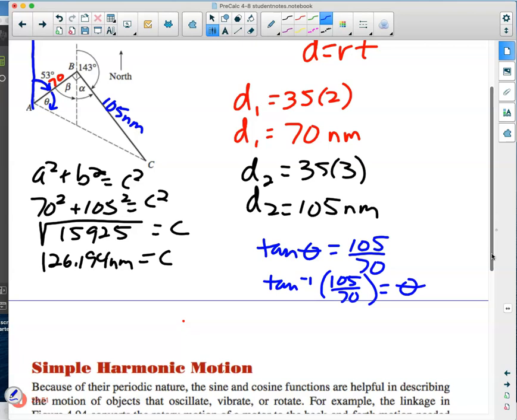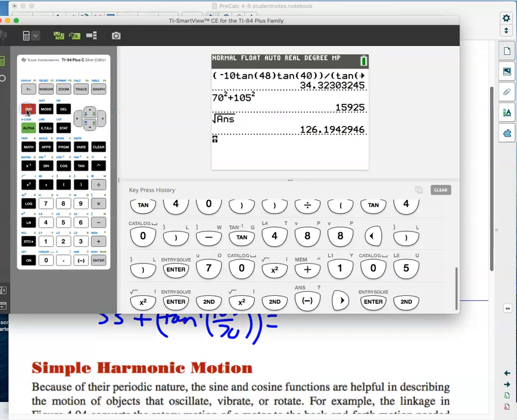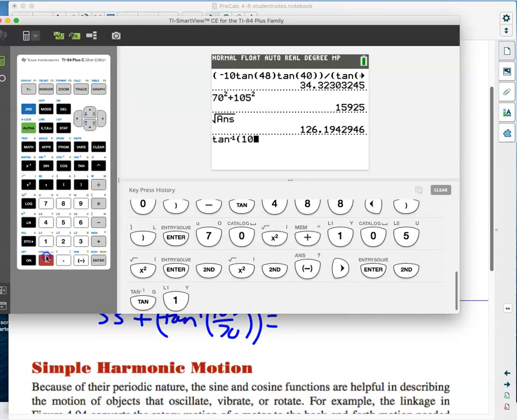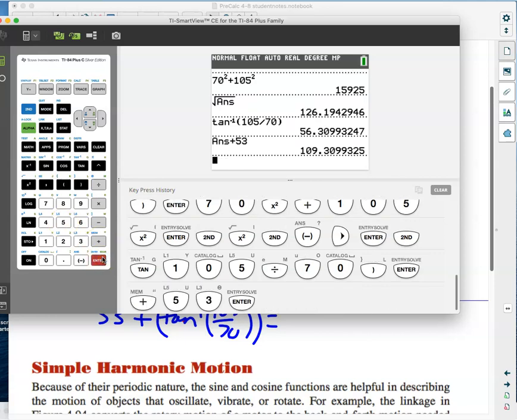And because I don't want a rounding error, I want to make sure that I punch in 53 degrees plus whatever the inverse tangent of 105 over 70 is. I mean, you'd really have to not be paying any attention to get a rounding error on that one, but it could happen, so we can punch it in. Second inverse tangent, 105 over 70, and add the additional 53 degrees. And the bearing is 109.310 degrees.